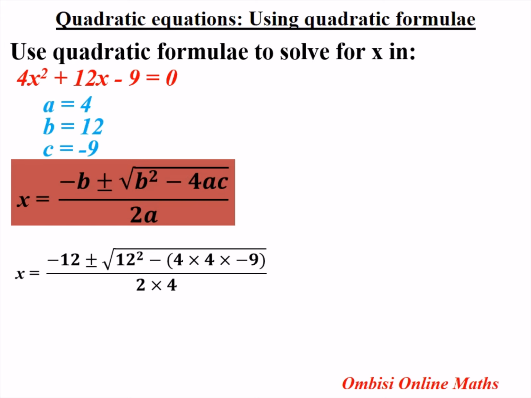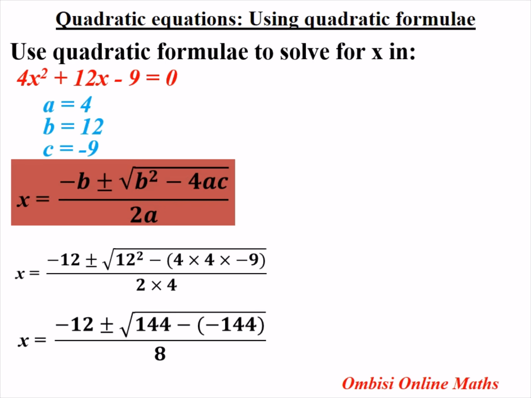And here we end up with x equals negative 12 plus or minus the square root of 144 minus negative 144. That makes it become a positive, so it means 144 plus 144, over 8.